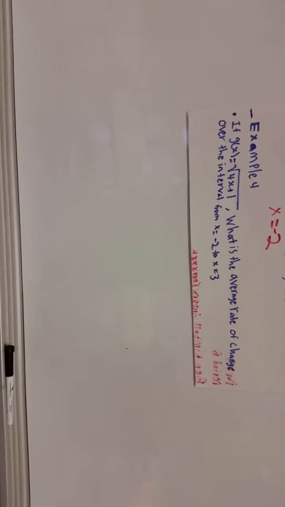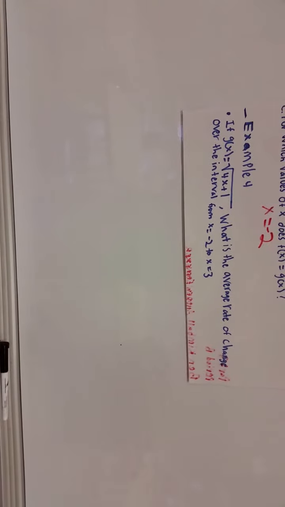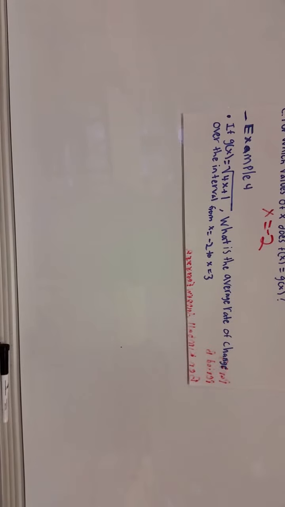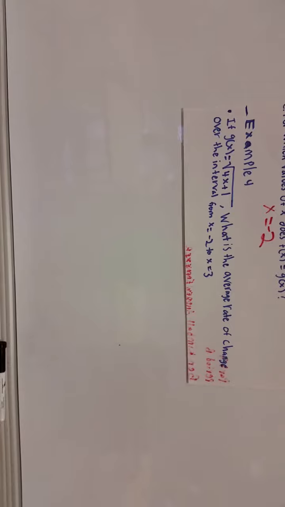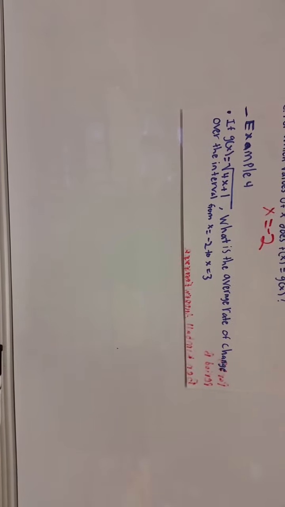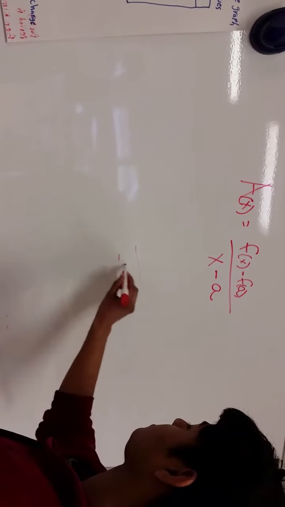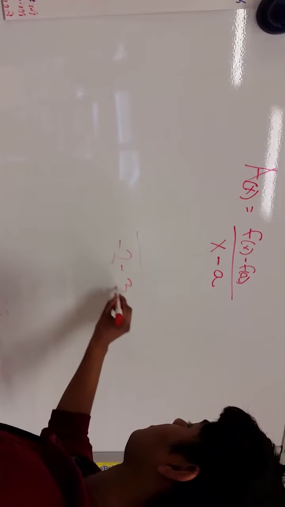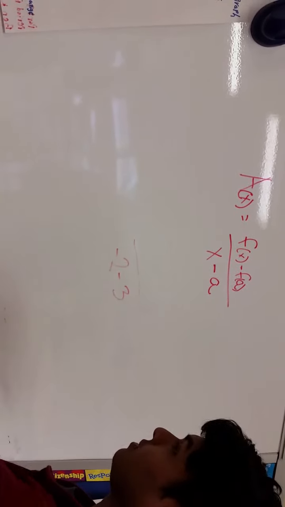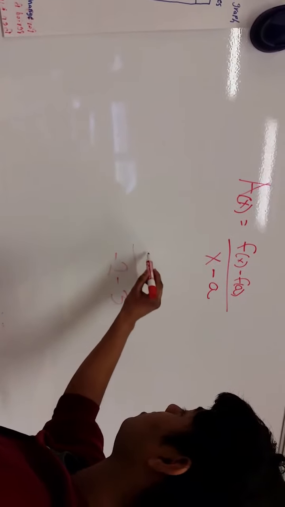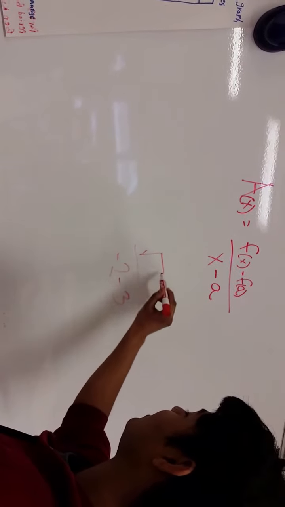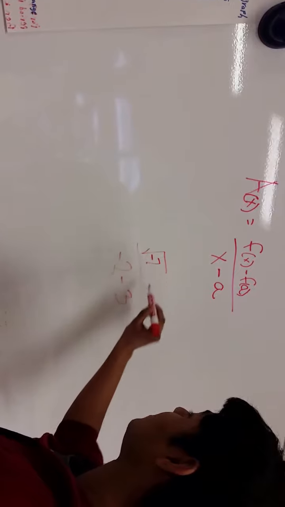Example 4. If g(x) equals the square root of f(x) plus 1, what is the average rate of change over the interval from x equals negative 2 to x equals 3? So when you plug in a negative 2, you get the square root of negative 7.